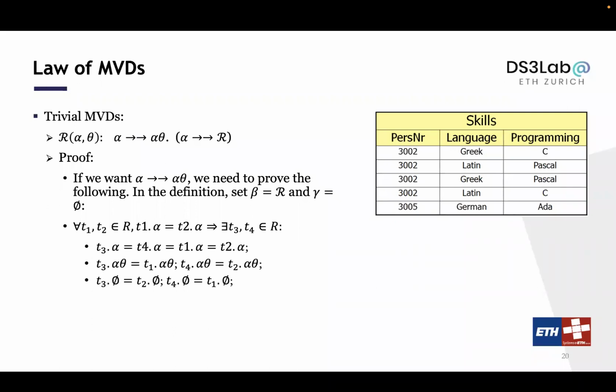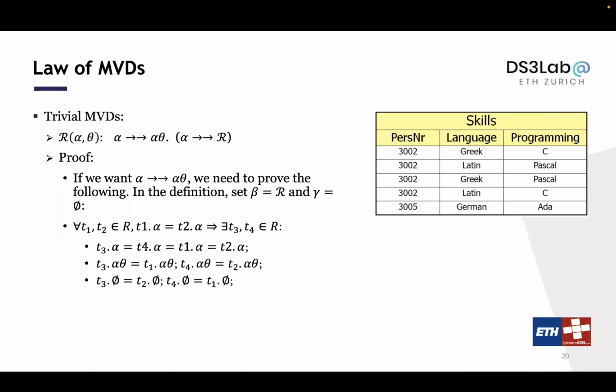such that these four different tuples share their value on alpha. On the other hand, T3 and T1 are going to share alpha theta, and T4 and T2 are going to share alpha theta. Because R is the full set, the gamma side is going to be empty. You have alpha, beta, gamma in the definition, but gamma here is empty because beta is the full side. So how can we find such a T3 and T4?